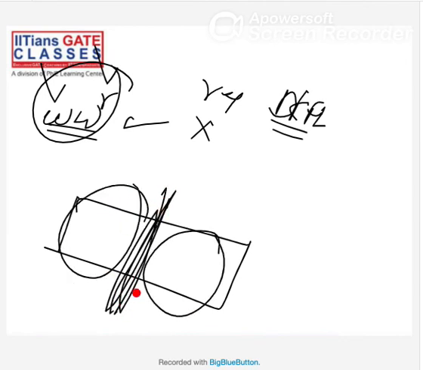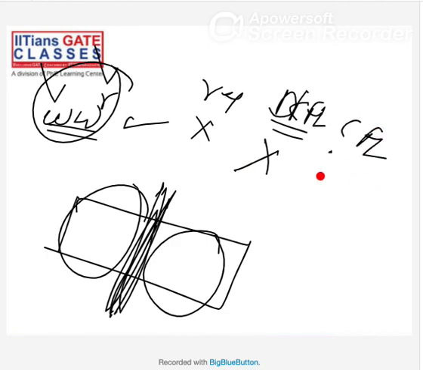So the push and pop is not clear. You don't know when to start popping. The pop should start at the half, but you can't know the half. How to know this half? You don't know. So this is not DCFL because you don't know when to stop pushing and when to start popping. This is CFL.